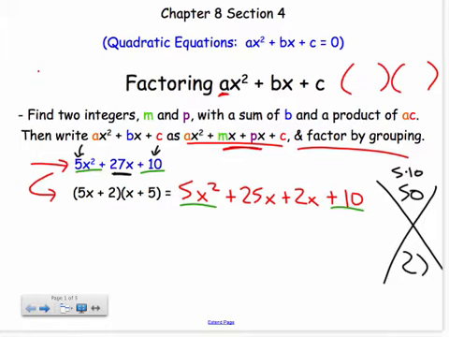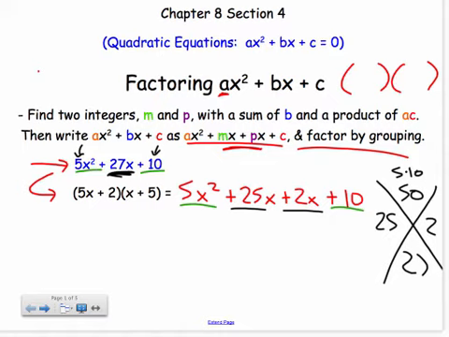In this case, we found out it was 25 and 2. And we split this 27x into our two factors, a 25x and a 2x, because if I add 25x plus 2x, that gives me 27x. So that's why I'm allowed to do that.